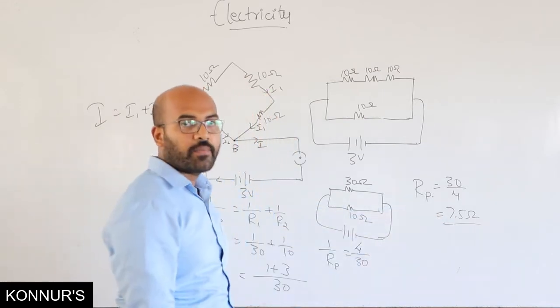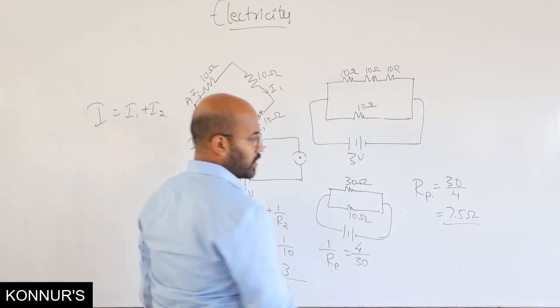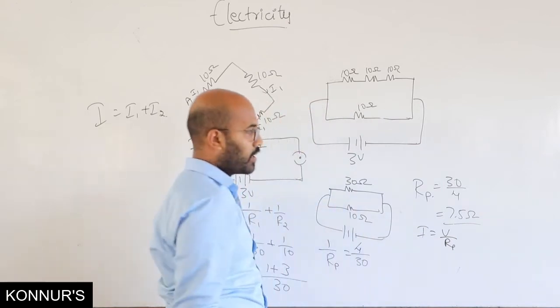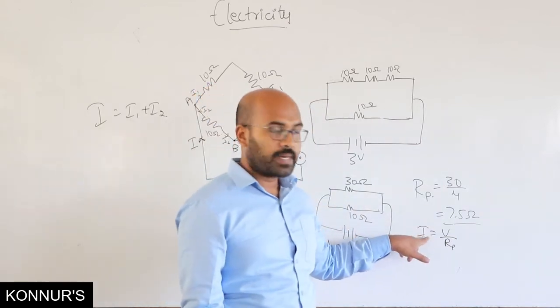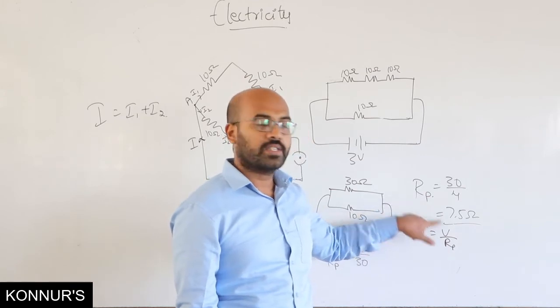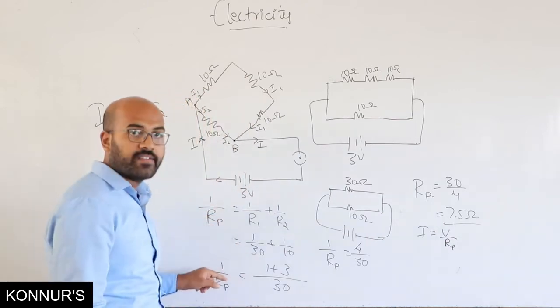Rp is 7.5 ohm. So if I want to find the value of current, I is equal to V by Rp. It's always better to use the expression or the terms whatever you have taken, because if you write just R, here you have not used R anywhere.